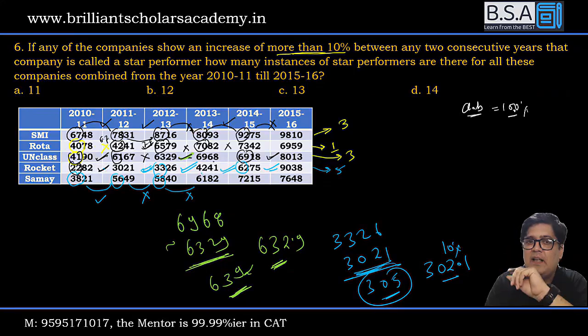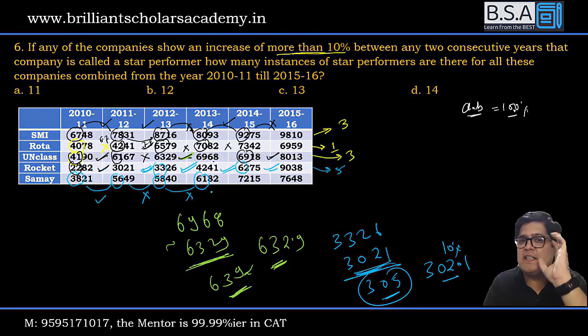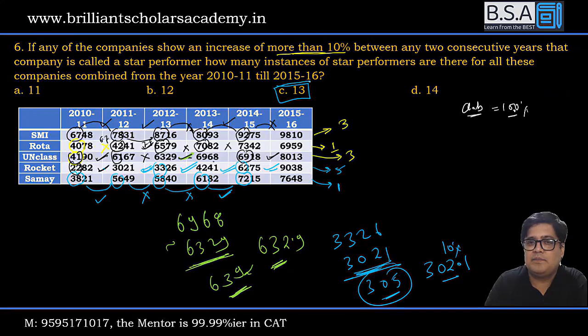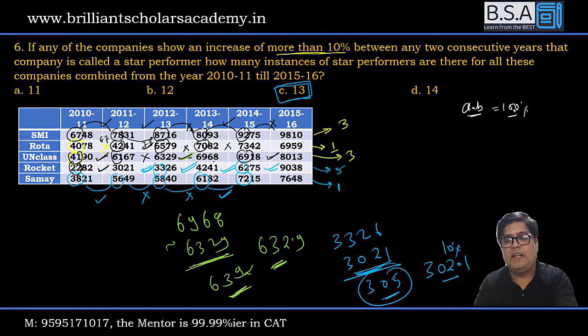Not possible. 10% is 6.1. दिख रहा है 11 का gap है. Yes. 10% is 7.2. Increase is only 4. So how many ticks? Only 1. What is the answer? 3 plus 1, 4. 4 plus 3, 7. 7 plus 6, 13.